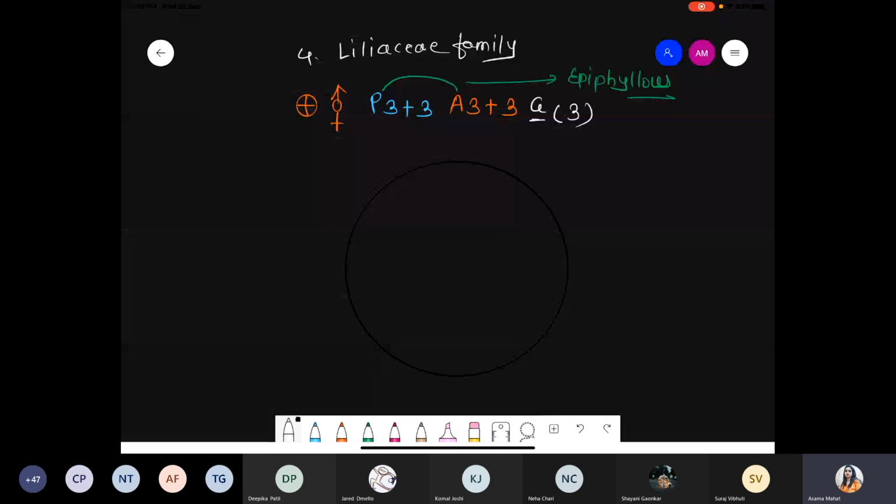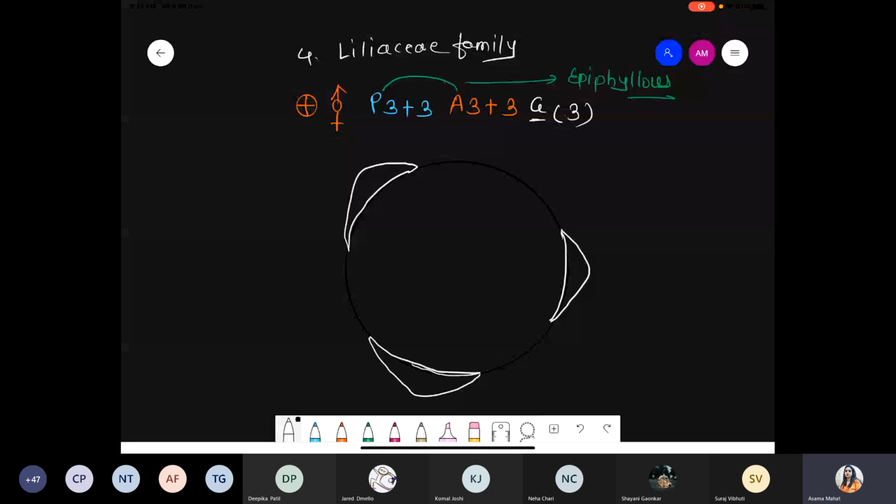Okay, epiphyllous. So quickly we draw the entire structure, how exactly it looks. The morphology is similar, and they are present in the form of 3 plus 3, 3 on the outer side and 3 on the inner side. So quickly we draw like that. 1, 2, 3, this is 1, then this one the 2, and finally these are the 3. So 3 are present toward the outer side like this, and the other 3 are arranged toward the inner side also.